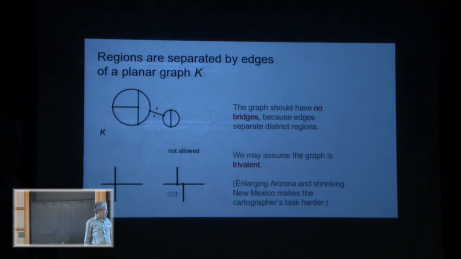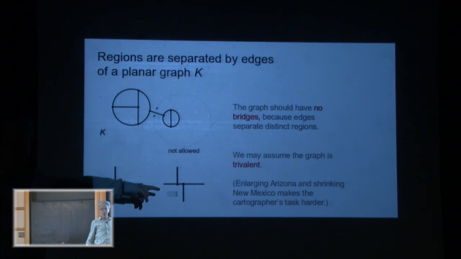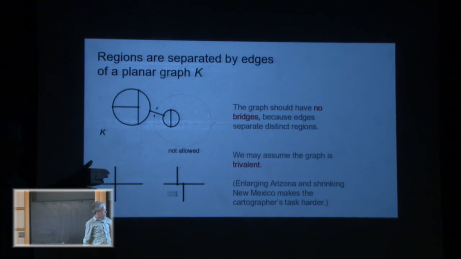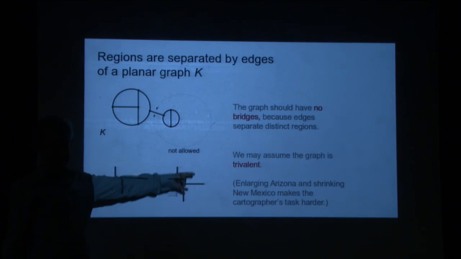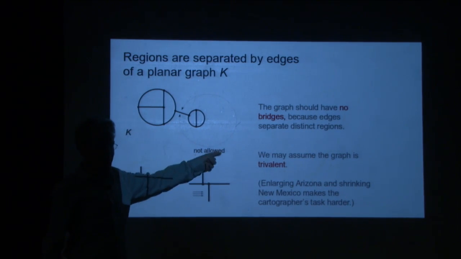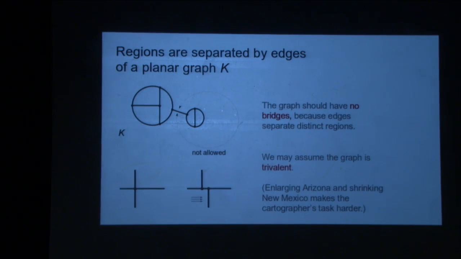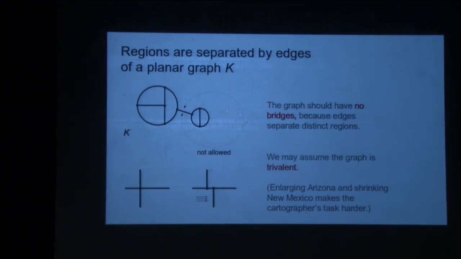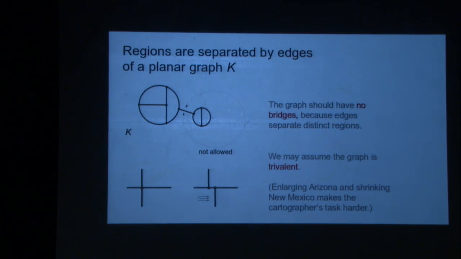If we enlarge this state, which I think is Arizona, and shrink its neighbor, which I think is New Mexico, we actually make the job of four-coloring the map only harder, because now Arizona and Colorado, Utah, I don't know, they now have a common border, which they didn't used to. So if we can color the new map, we could have colored the old one also. So for the sake of the four-color theorem, we can consider graphs without bridges and where every vertex is trivalent.